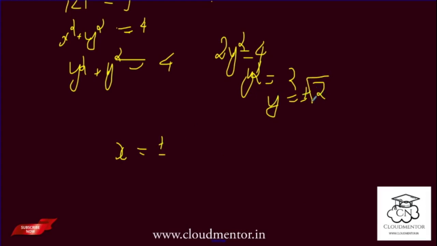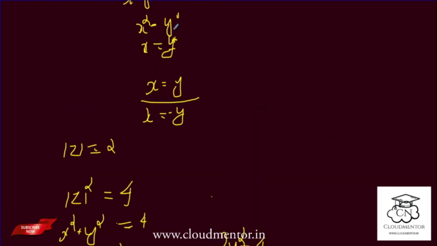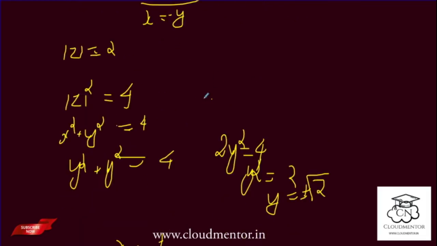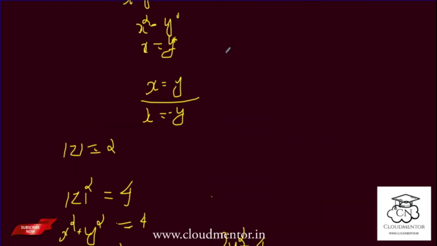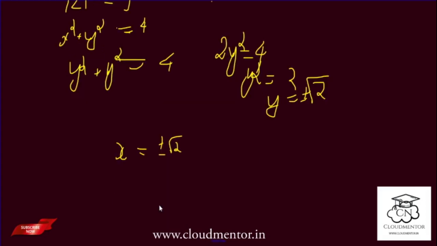Y is plus or minus root 2, so x is also plus or minus root 2. So y has two values, plus or minus root 2, so x should also have those two values. So z equal to x plus iy.